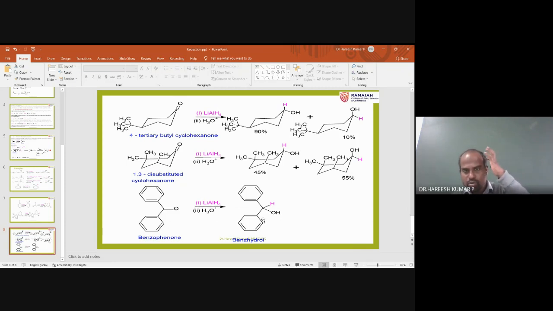So this is about reduction. More particularly, I took only the substrates of carbonyl compounds, but I did not touch the other substrates. Maybe in the next class, I will take a few more examples of reduction with lithium aluminum hydride.